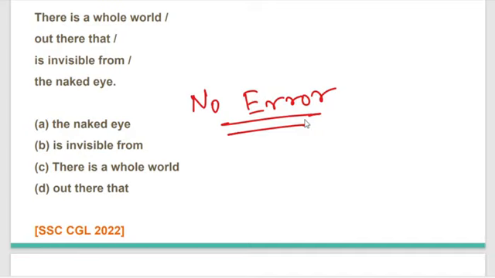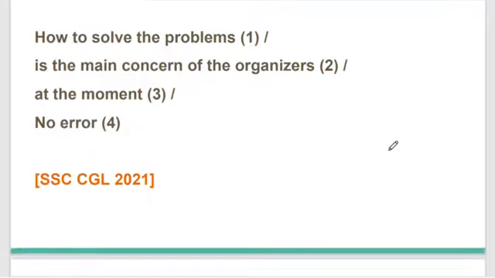We have not yet seen them, observed them, or understood them, or become witness to those incidents. So that is the exact meaning of the sentence: there are a lot of things existing on this earth which we have not seen yet, happening behind our eyes, behind our vision, behind our back. I hope the literal meaning is clear to all of you, and according to the grammatical meaning, this sentence has no error. Moving to the next question.